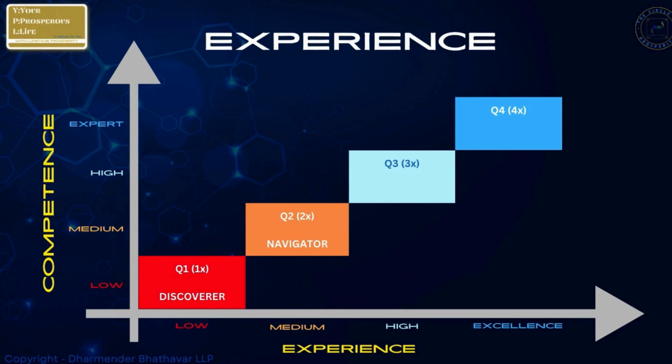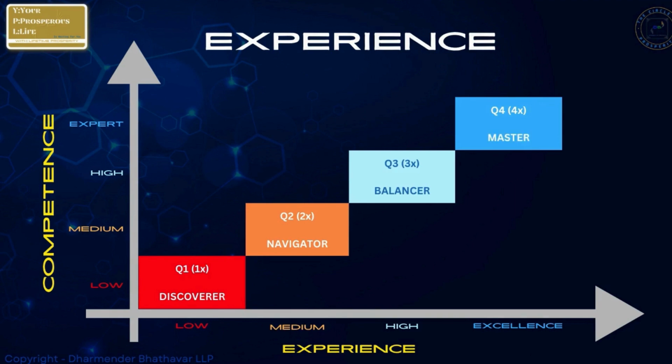or objectives. The third one here is balancer, where their competency level is high and their experience level is also high. Now they are multitaskers and they are able to balance each task with their experience, and they try to achieve their respective goals or objectives.